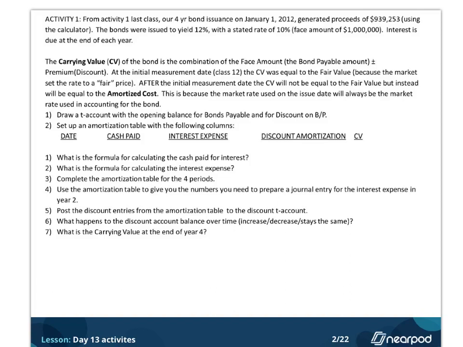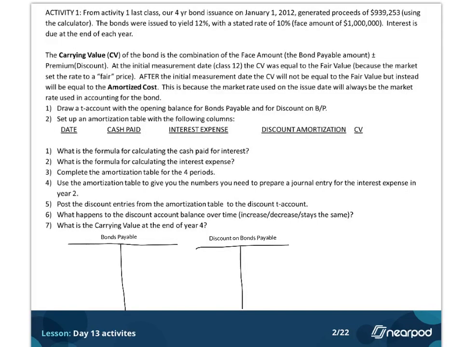General rule. So the first thing I asked you to do in this activity was to draw a T account for bonds payable and for discount on bonds payable. That is a pretty basic idea, which I know you can do. This is what it would look like.